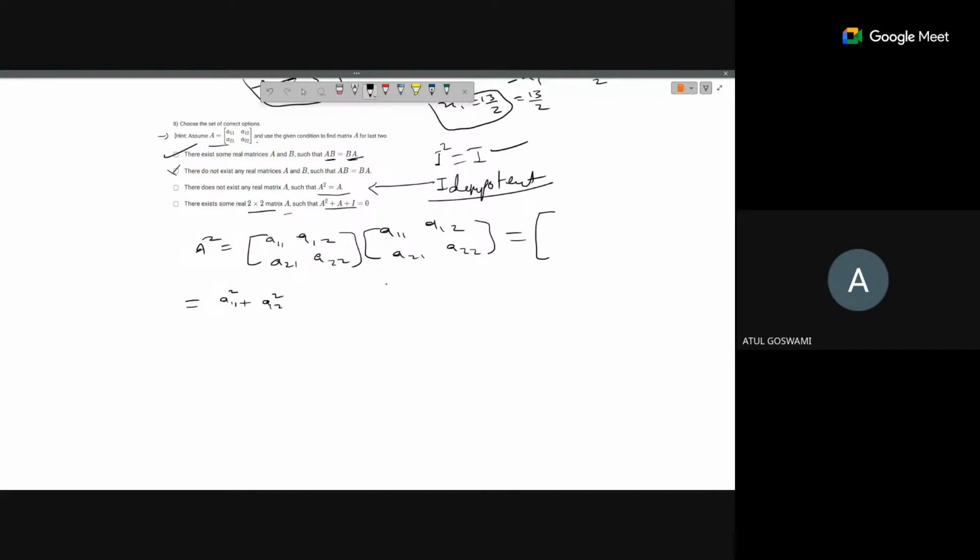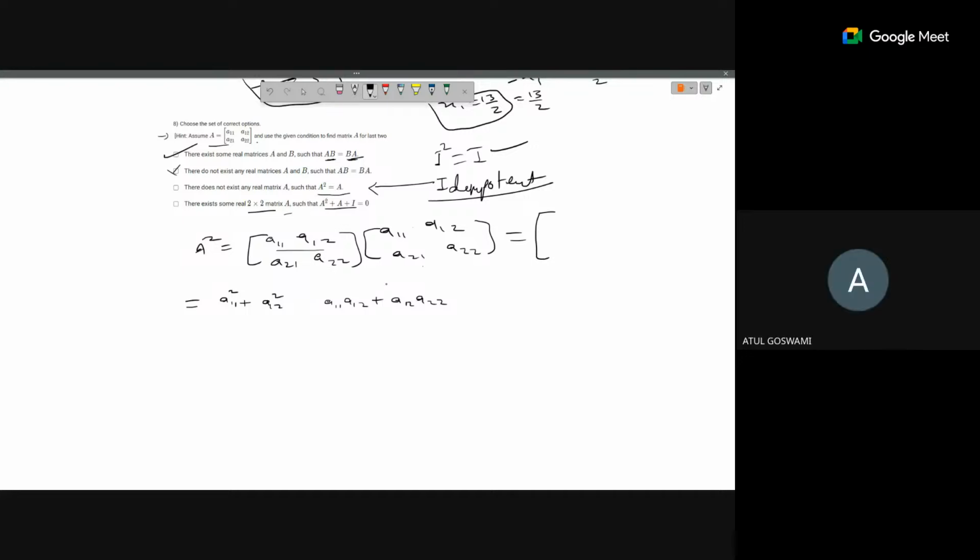Second entry would be A11 A12 plus A12 A22. Sir, first entry is A12 into A21, right, sir? No, this will be multiplied in this column, right?